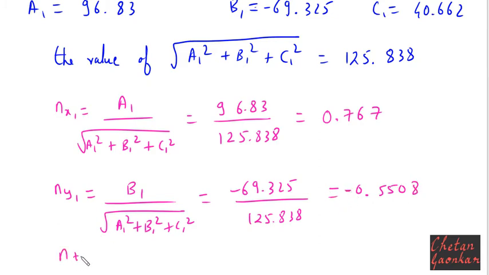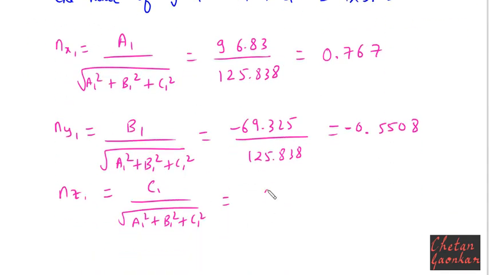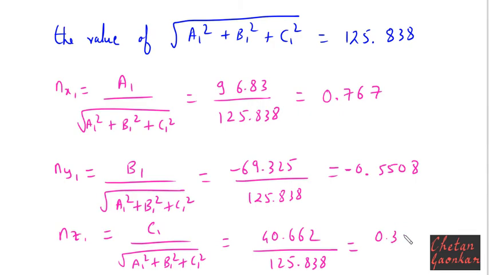Similarly, nz1 can be found as c1 divided by root of a1 square plus b1 square plus c1 square, which is equal to 40.662 divided by 125.838, and this value will be approximately equal to 0.323.